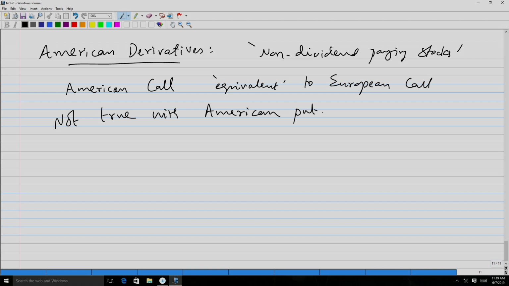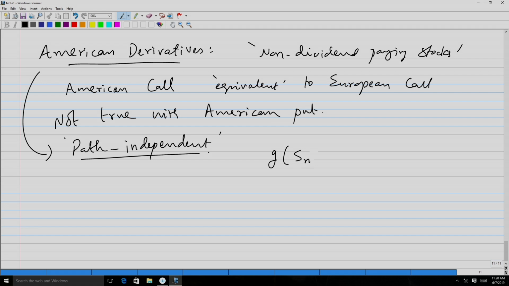Okay. So, we will now consider American derivatives which are path independent versions only, right. The path dependent version one can do similarly, but we will not be handling that part. So, in the path independent case, you have a derivative which pays off g of S_n at time n.